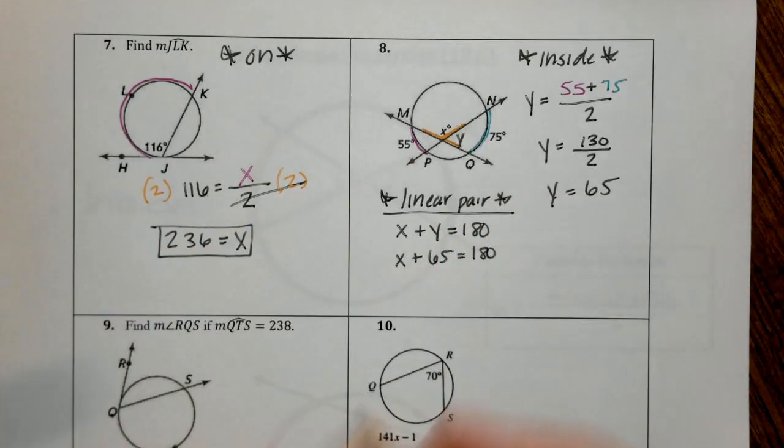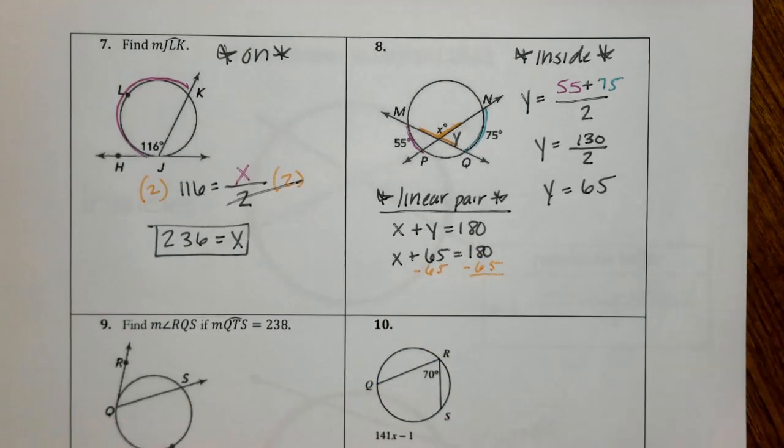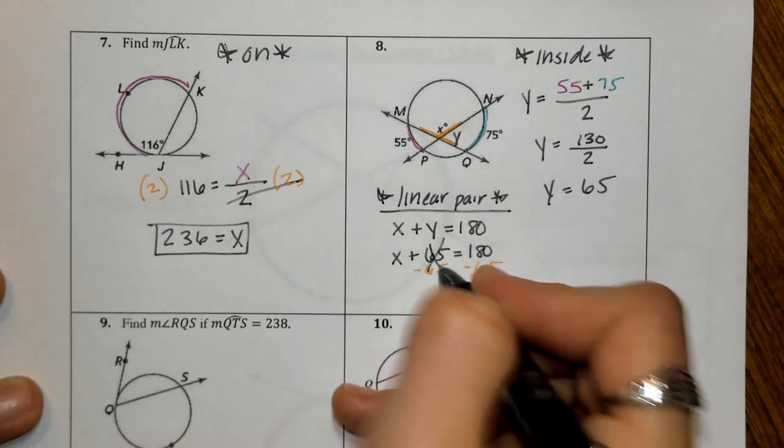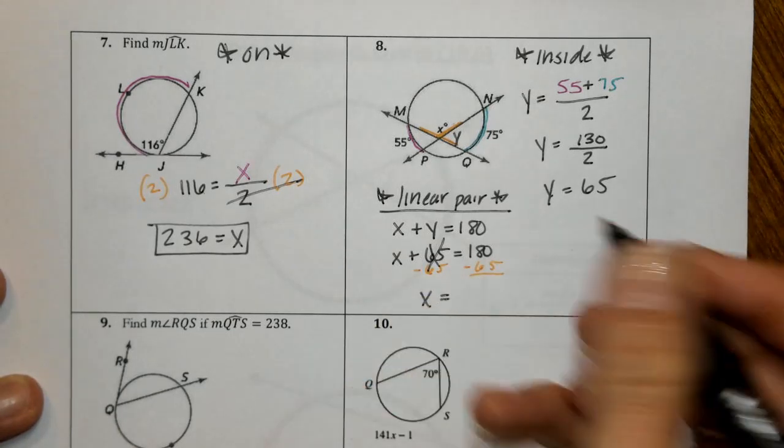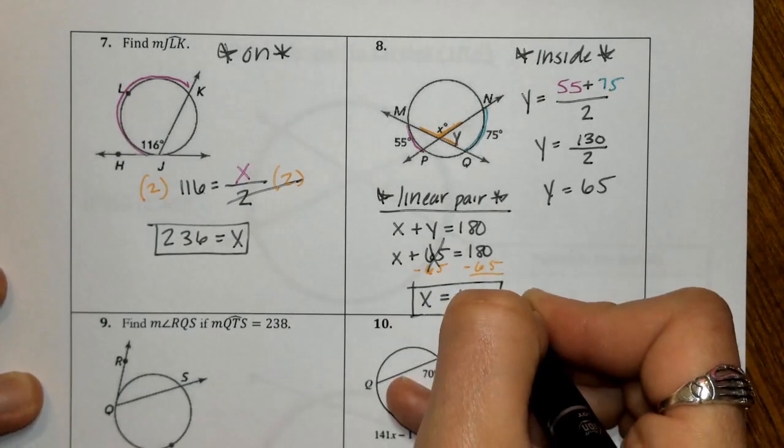So now all we need to do is subtract that 65 from both sides. Or I know some of you guys are just like, can I just subtract? You don't need to set it up algebraically if you do not want to. X is going to end up equaling 115 degrees.